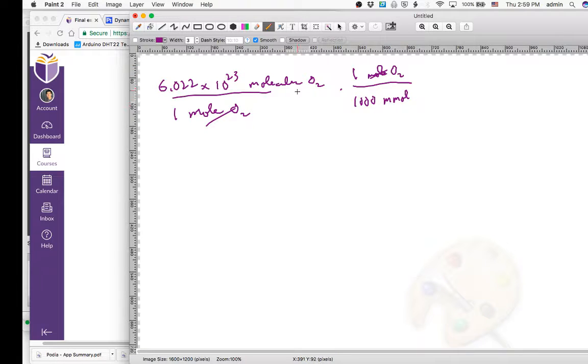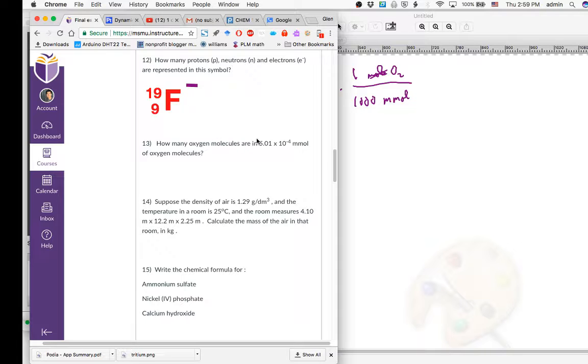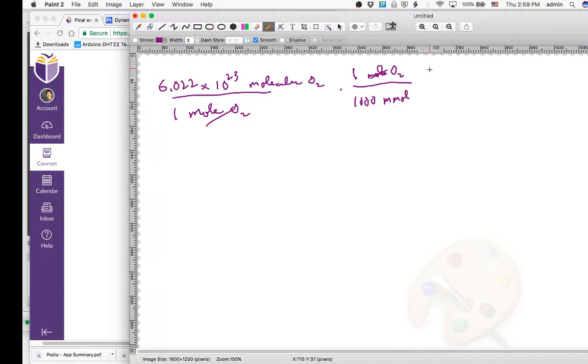Millimoles are not canceled, but millimoles do appear in this problem: 5.01 times 10 to the minus 4 millimoles of oxygen. These millimoles cancel out. Everything is canceled except for the molecules, so the answer is going to be some number of molecules of oxygen.